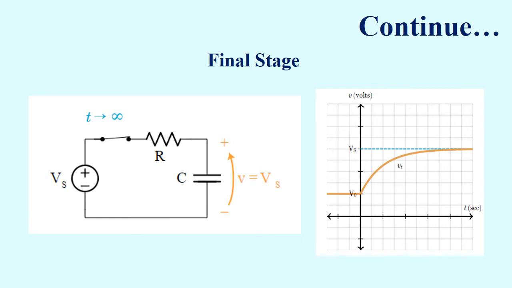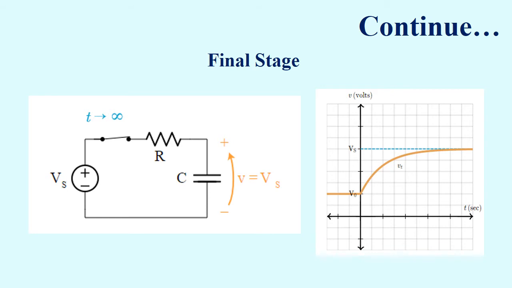Vs represents the source voltage, which is shown in blue in the graph, and the voltage of the capacitor is depicted in brown. So the capacitor voltage increases with time because the capacitor is charging itself. At some point in the future, the capacitor is fully charged, meaning it achieves the steady state point, which is the forced response of the capacitor.